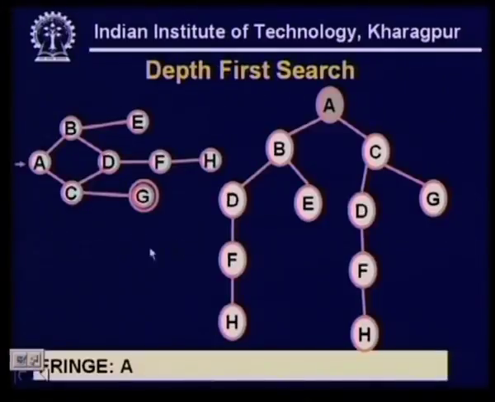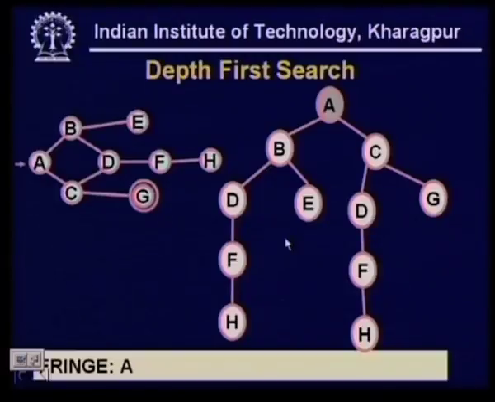So, this is our graph, and this is the search tree that we obtain when we look at these states. After we unfold this graph, this is the tree that we get.